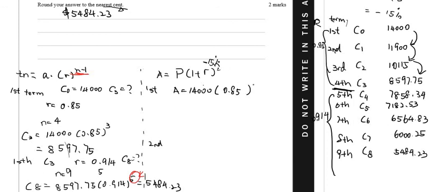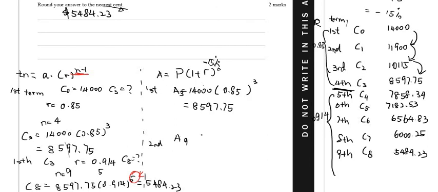And my n is how many years after, and that's 3 years after, so I just put 3 over here. And if you do the calculation, you'll find out that after 3 years, I would write A3 is equal to $8,597.75.